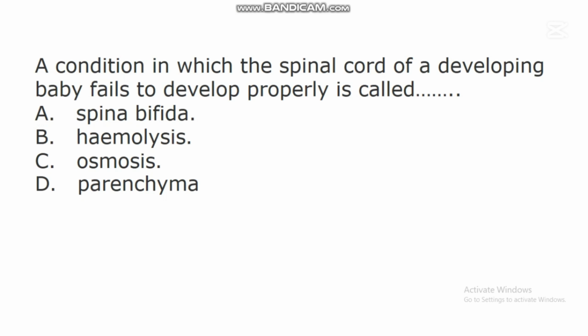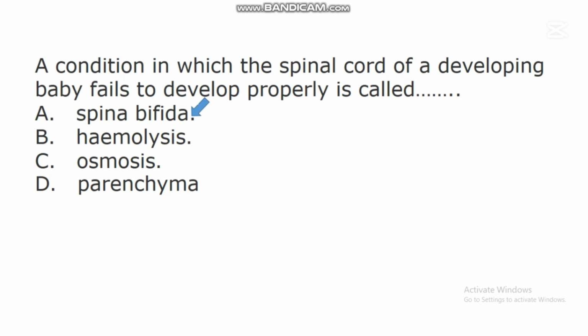The next question says, a condition in which the spinal cord of a developing baby fails to develop properly is called dash. A. Spina bifida, B. Hemolysis, C. Osmosis, D. Parenchyma. In this question, the correct answer is A. Spina bifida.